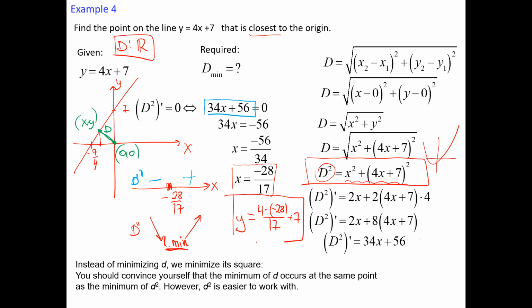I'm not going to calculate this. It has to be a positive number because that's the y. Negative 28 over 17 is a way too complicated number, but that is the minimum.